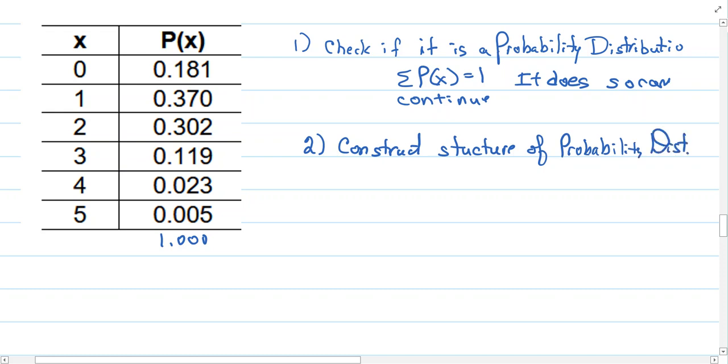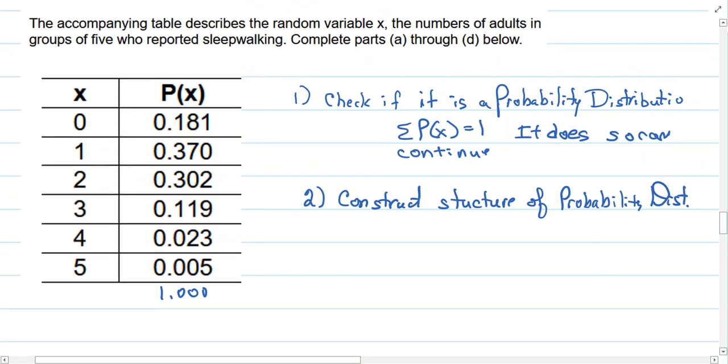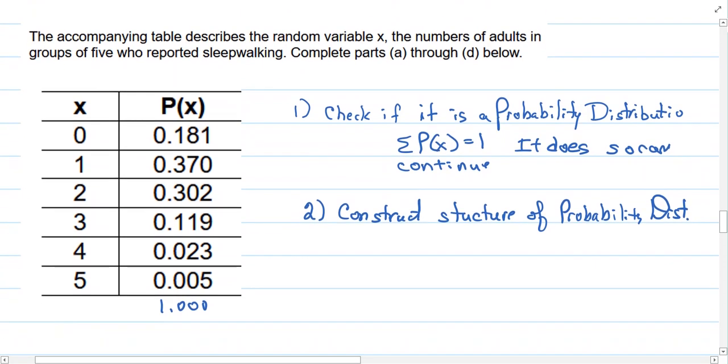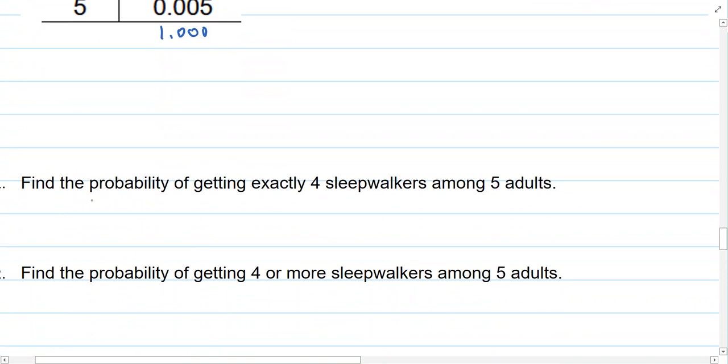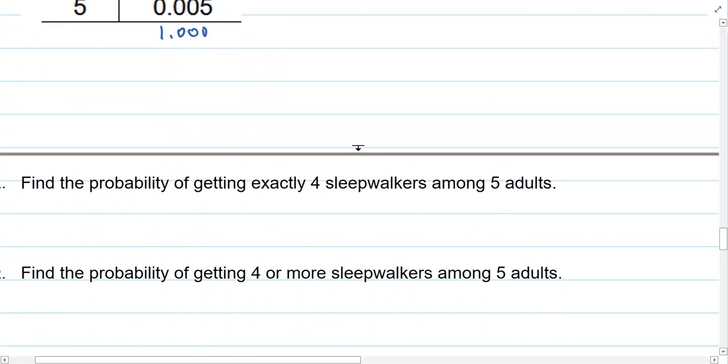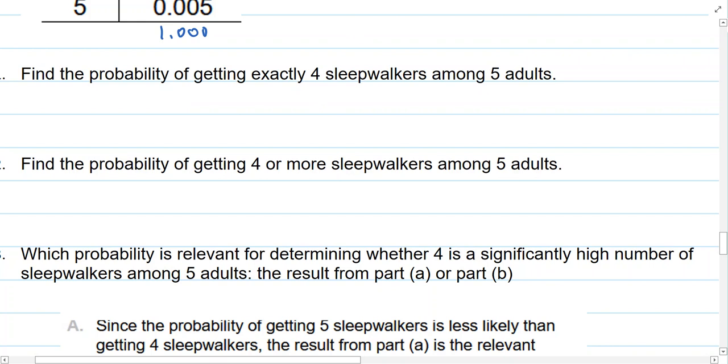So they're asking us, now let's read it again. First one is find the probability of exactly 4 sleepwalkers.